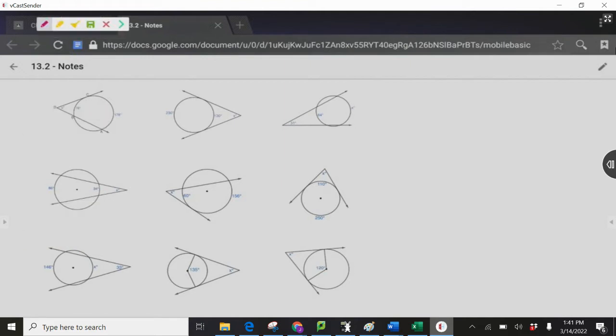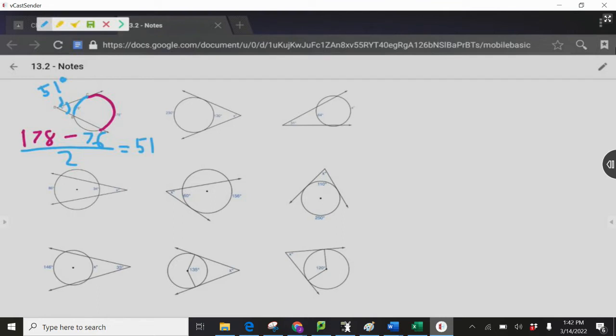So in my first example, I've got the major arc, the big arc, I should say, 178, minus the small arc of 76. And I'll divide that by 2. So 178 minus 76 is 102. 102 cut in half is 51. Therefore, my angle is 51 degrees.